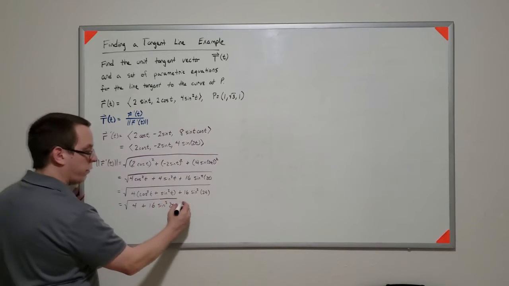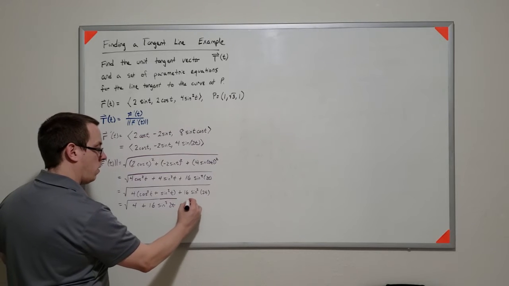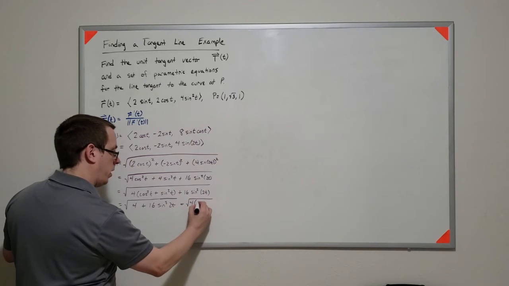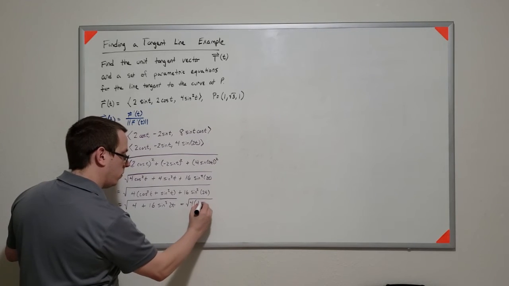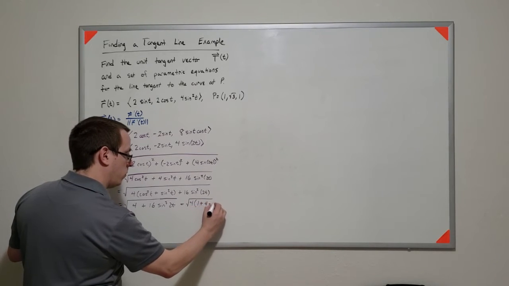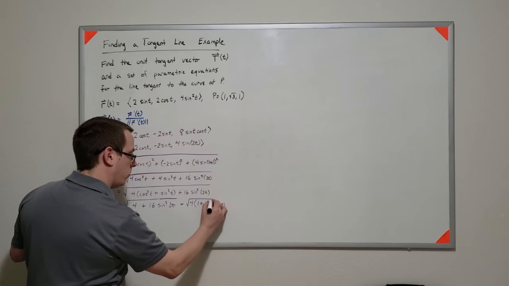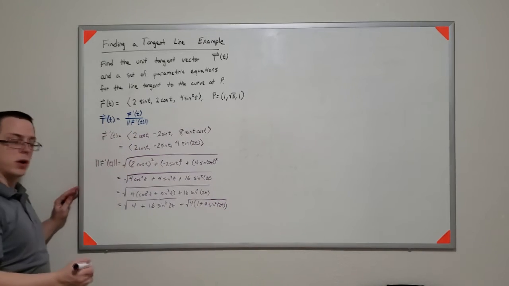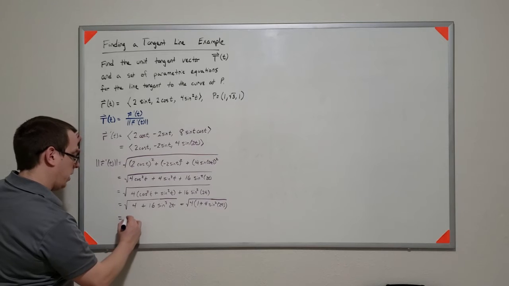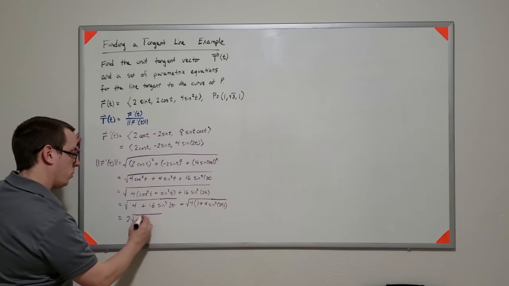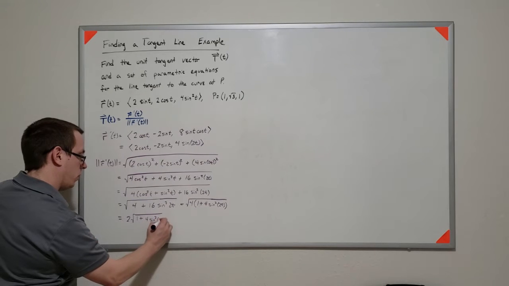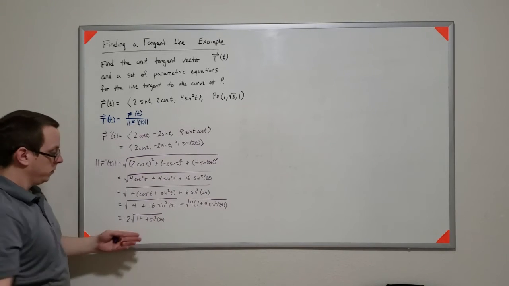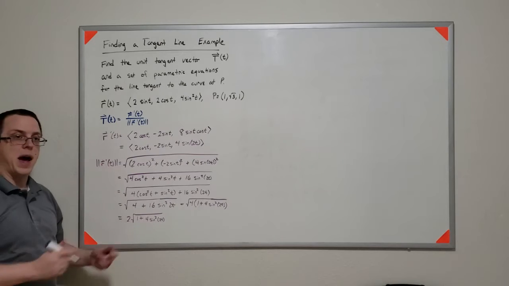Now I can factor out a 4 and get 1 plus 4 sine squared 2t. Finally I get 2 square root of 1 plus 4 sine squared 2t. All that work to get that magnitude.